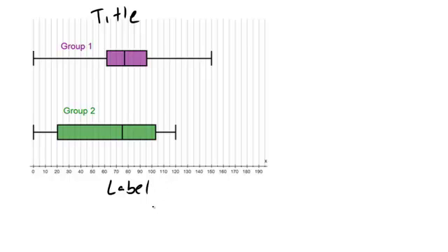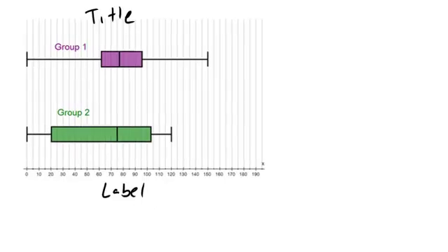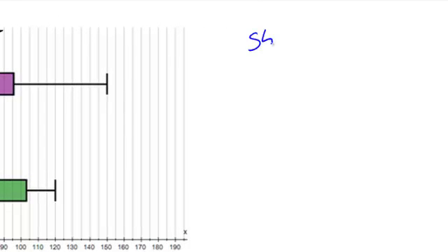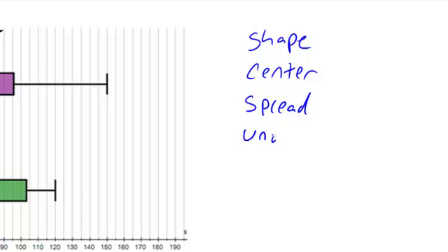Whenever you're doing a comparison, you want to compare in 4 different ways. The 4 ways are the same as before. You want to talk about their shape, their center, their spread, and their unusual features.